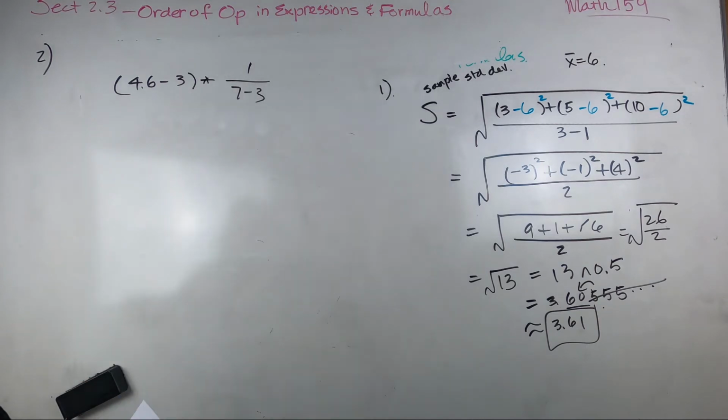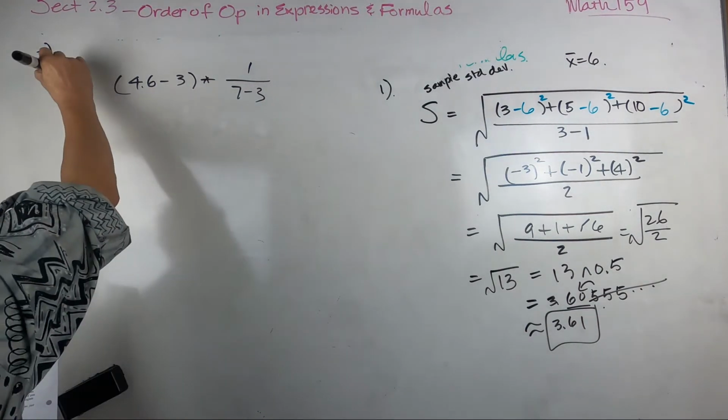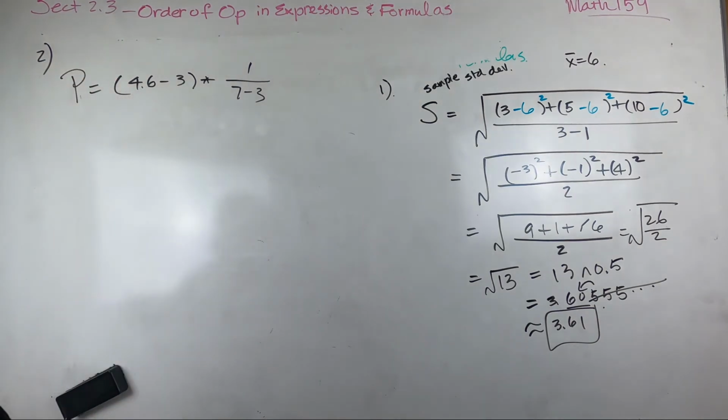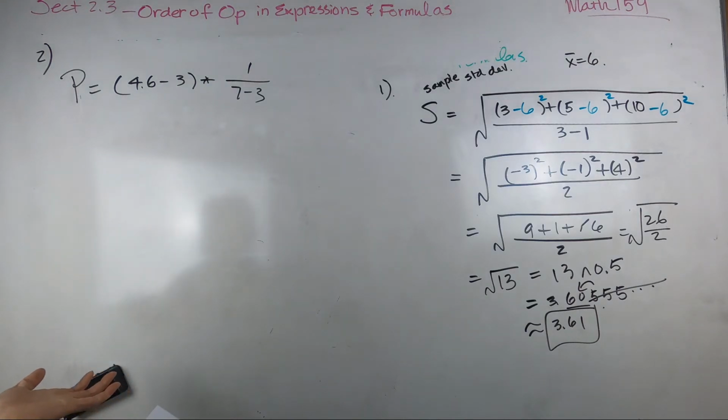But we give you this one. What was the question? We have to calculate this, and this is the probability we are calculating for something less than 4.6, taken randomly from a uniform distribution, the numbers 3 to 7.